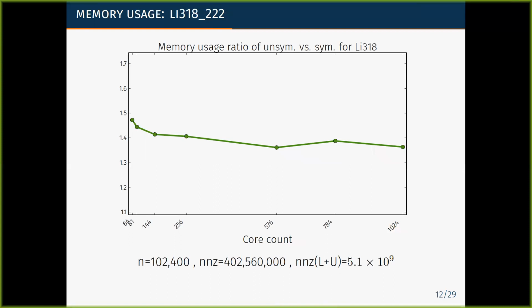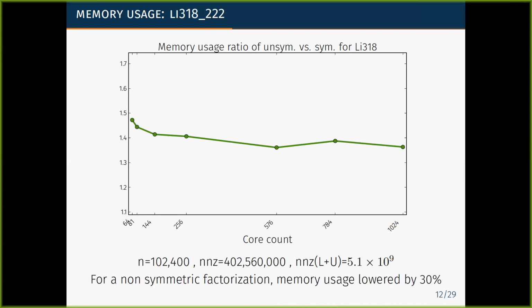What's displayed on this plot is the ratio between the maximum memory usage of the selected inversion using unsymmetric storage divided by the maximum memory usage of the selected inversion using symmetric storage. Roughly, we have a ratio of 1.4 on average, meaning that for this particular case, we are saving around 30%.